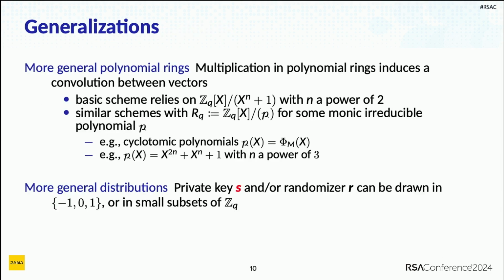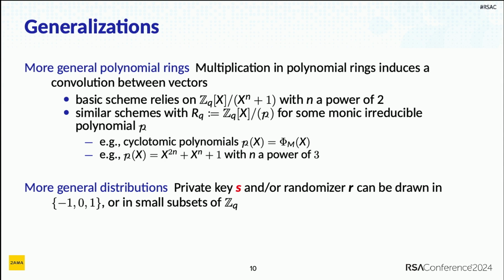Okay. So this was for a special convolution, but actually we can generalize that result. We can take any polynomial ring. In this case, the convolution was based on that ring, where n is a power of 2, so this is a cyclotomic polynomial. But actually, you can take any irreducible monic polynomial, and you will get another convolution, and from that, you can define a new public key encryption scheme.